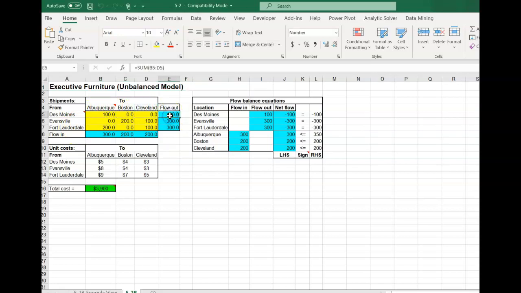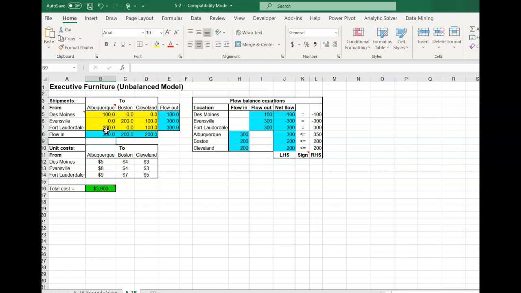Over here, we're calculating the total flow out of each of these three supply nodes by calculating the sum of each row. And down here for the columns, we're calculating the flow into these demand nodes by calculating the sum down the column.